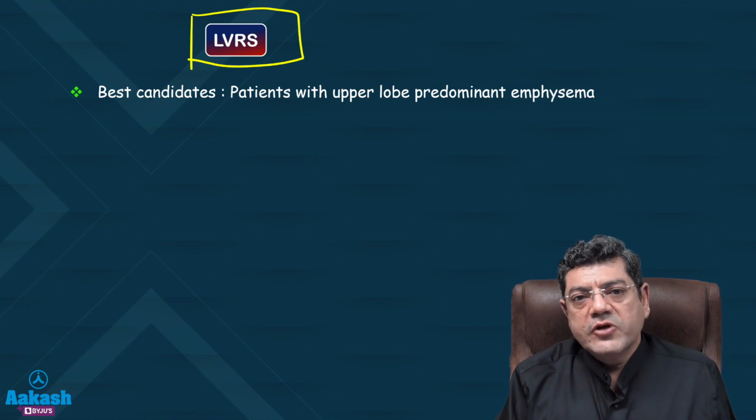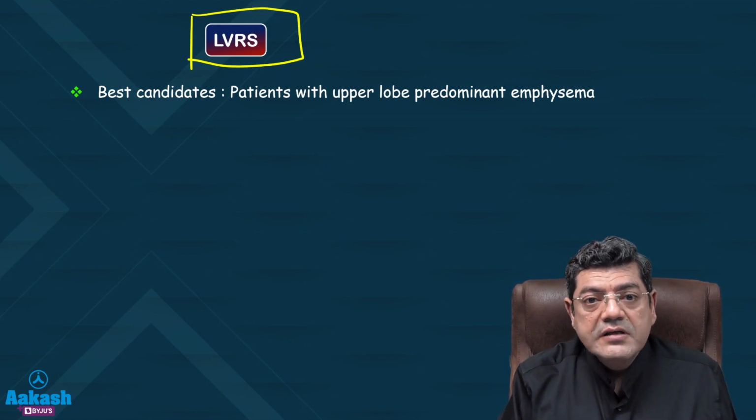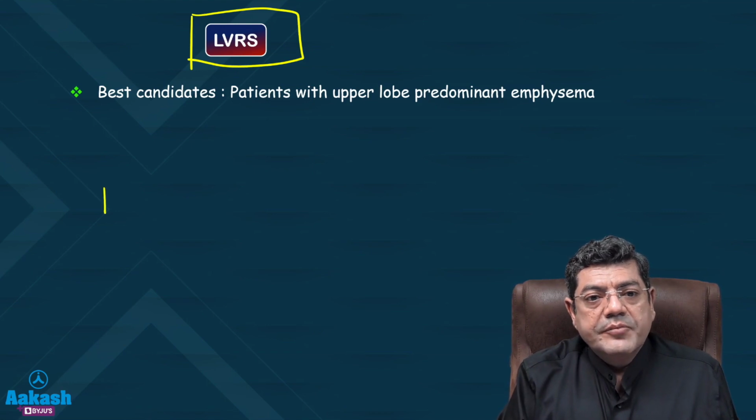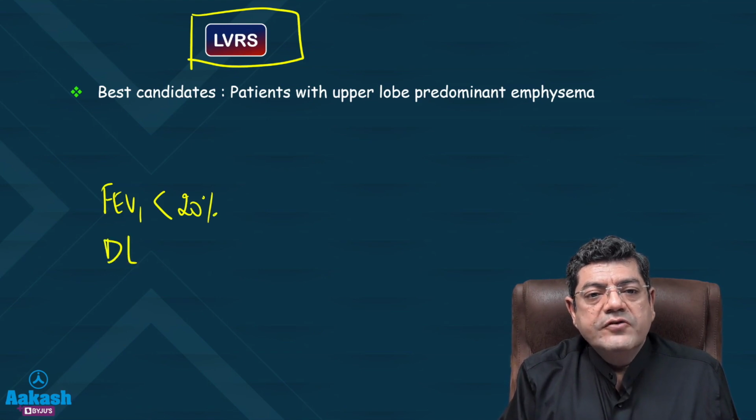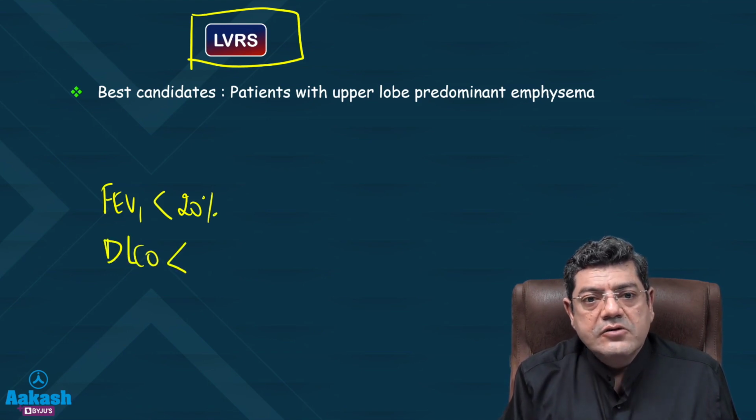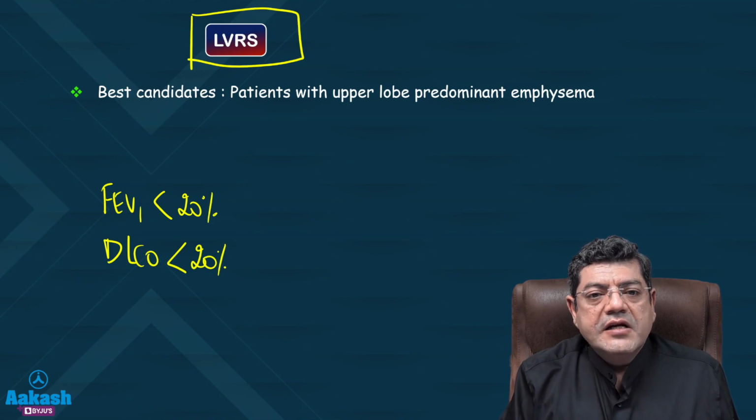So a partial pneumonectomy will help these patients, but you don't do it if patients have an FEV1 of less than 20%, a poor diffusing capacity, a DLCO of less than 20%, or it's not localized emphysema.